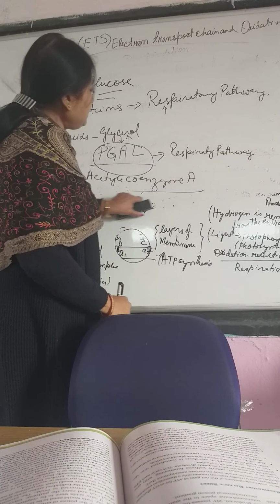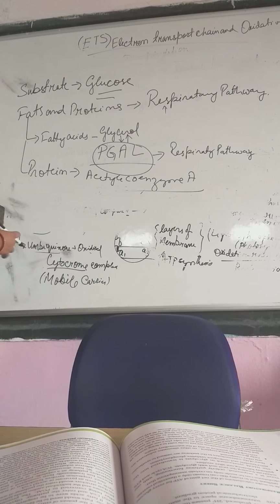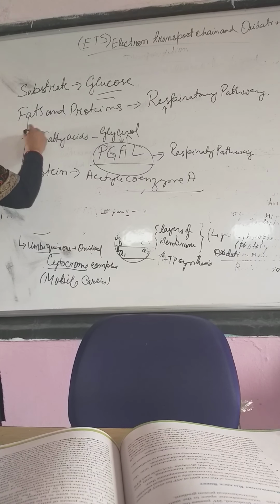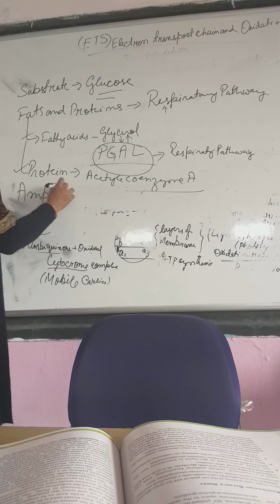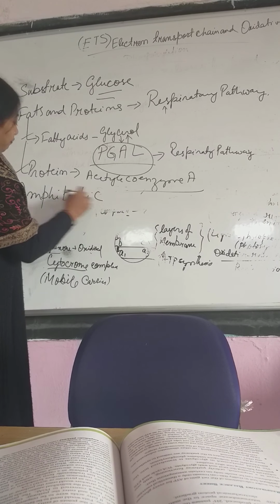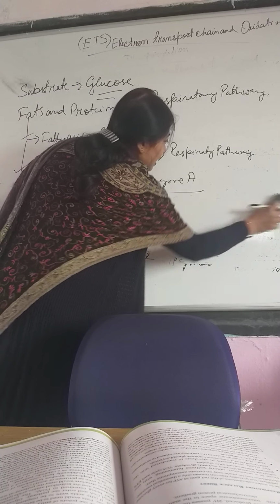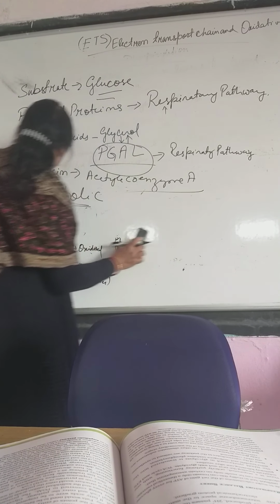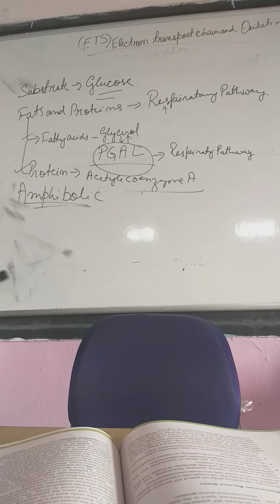So since it can happen with glucose, it can happen with fatty acid and protein, it is known as amphibolic, A-M-P-H-I-B-O-L-I-C. Amphibolic means dual. Okay, this is known as an amphibolic pathway. That means it happens with both the substrates of fats and protein.